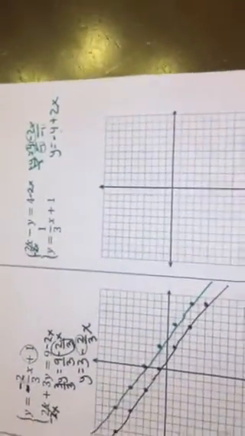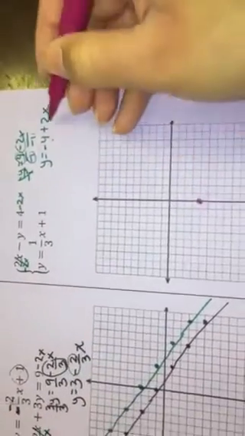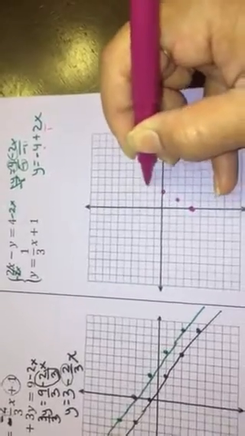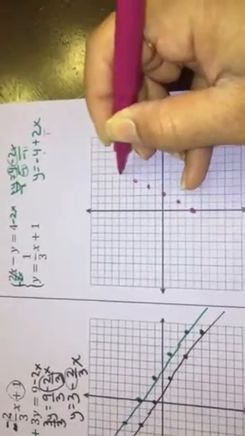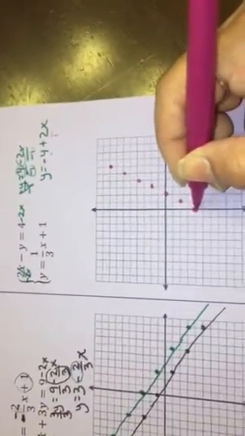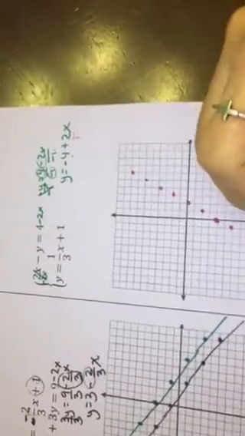So let's go ahead and graph it. Y-intercept first. 1, 2, 3, negative 4. And then your slope is 2 over 1. Up 2 over 1. You can also do down 2, left 1. And then there's your line.